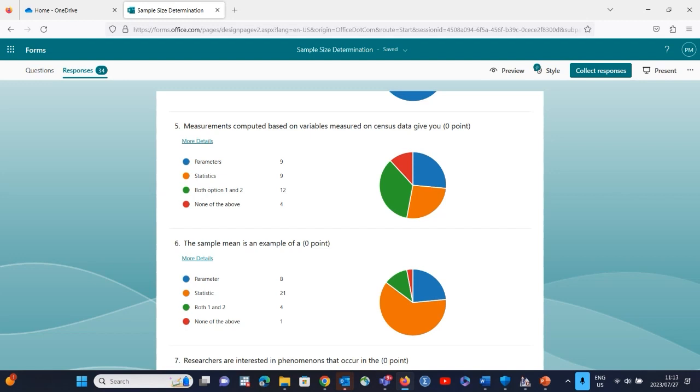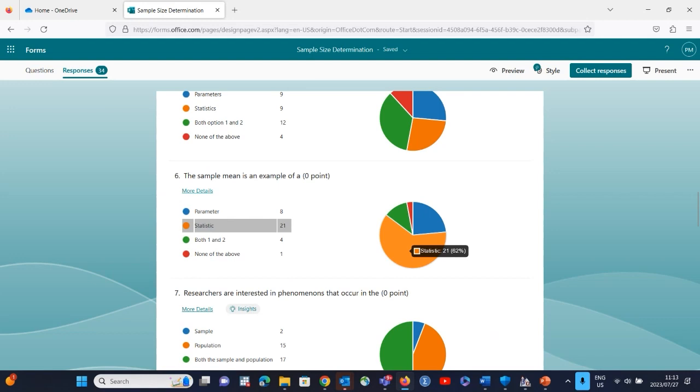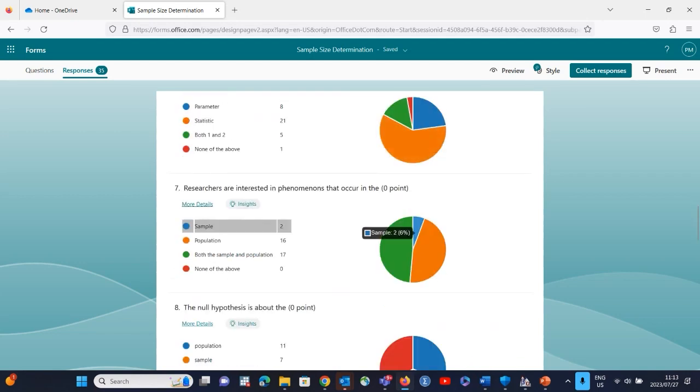And then the sample mean is an example of a statistic, because it's coming from the sample. Usually researchers are interested in a phenomenon that is occurring where? In the population.